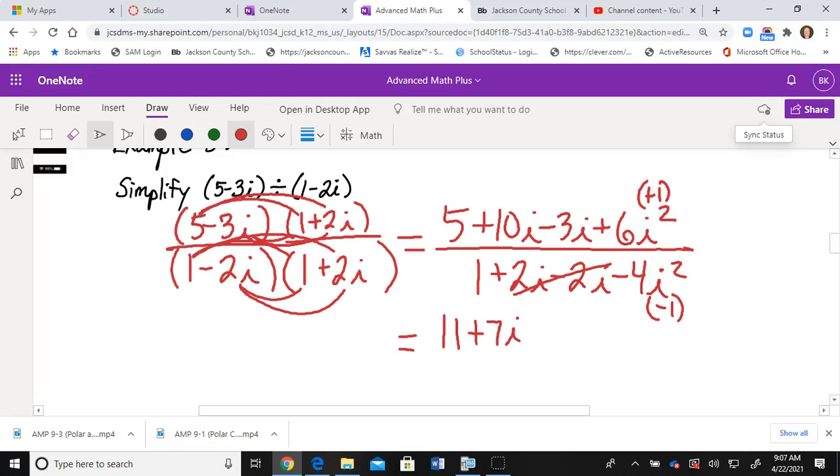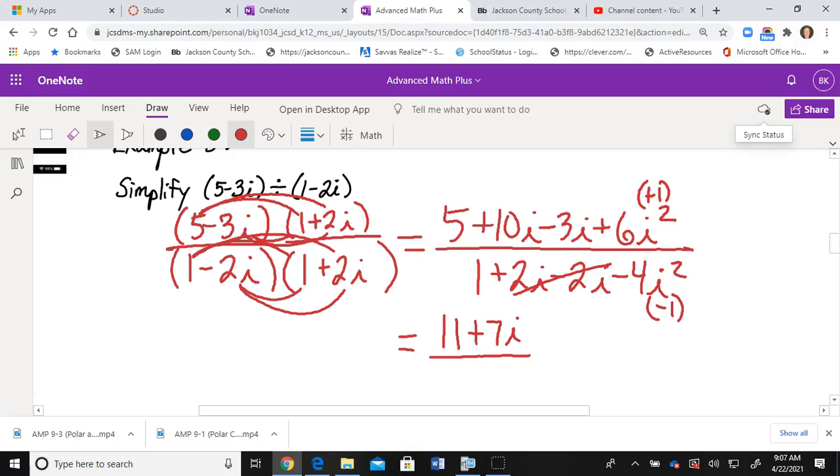I should have said 10i minus 3i is 7i. There's no more i in the 5 plus 6, because i squared is negative 1. Negative 1 times negative 6 is positive 6. Plus 5 is 11.